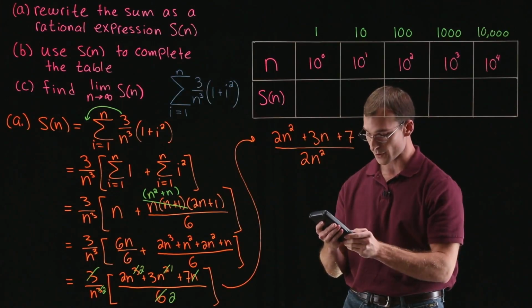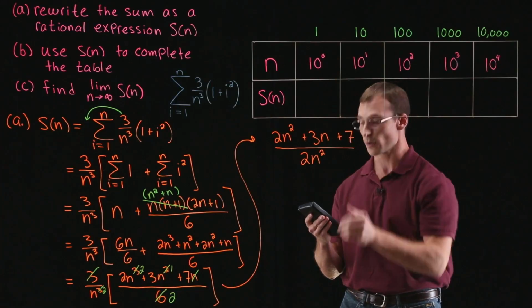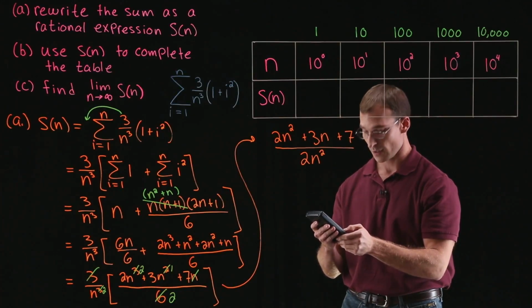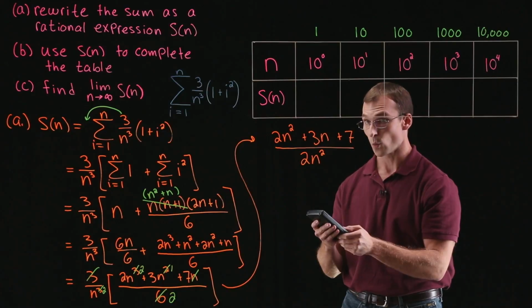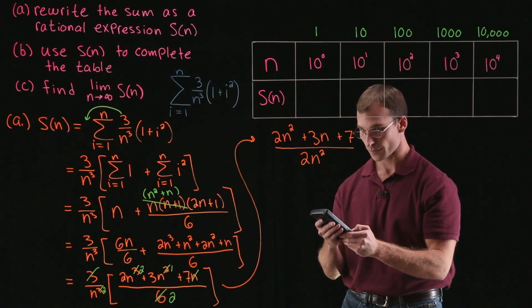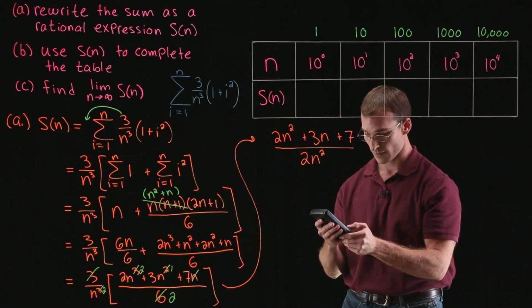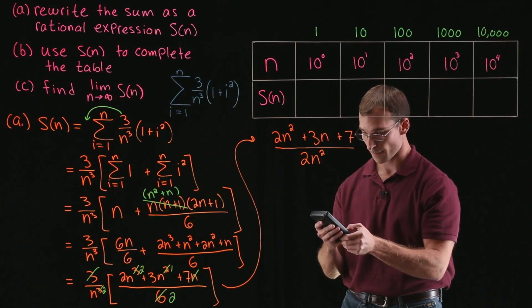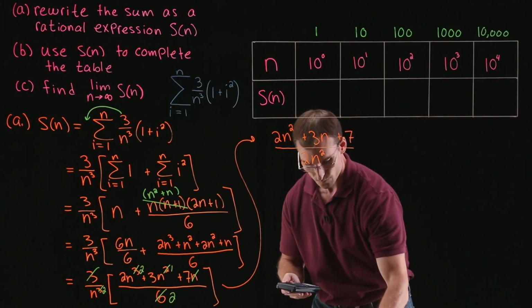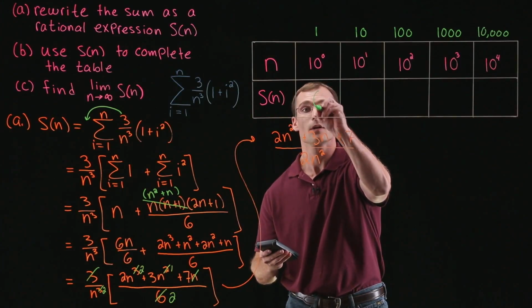Okay, looking at our rational expression, for 10 to the 0, or 1, we'll have 2 times 1 squared plus 3 times 1 plus 7, and all divided by 2 times 1 squared. So that gives us a value of 6.